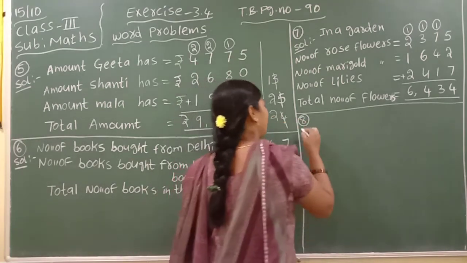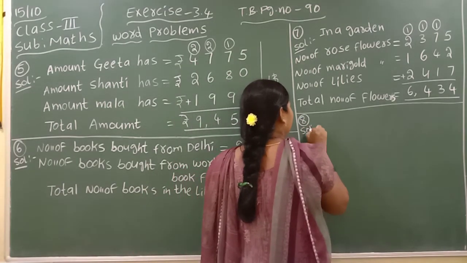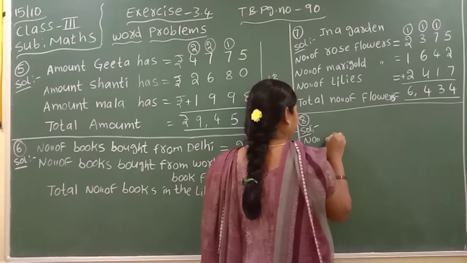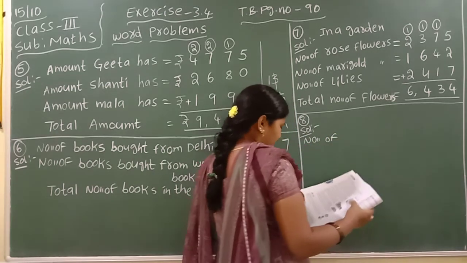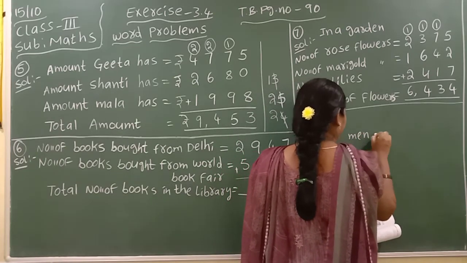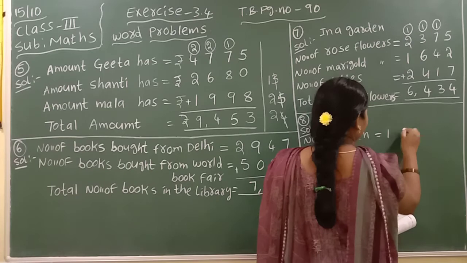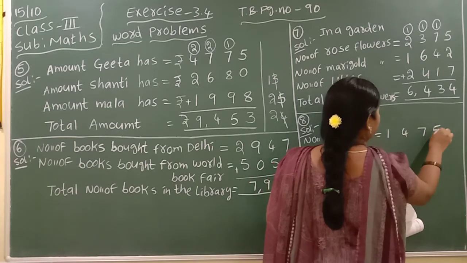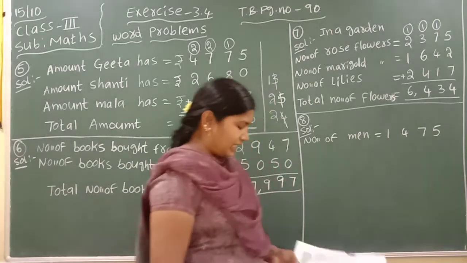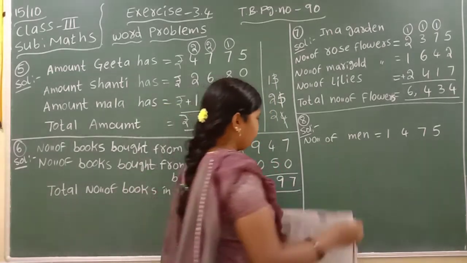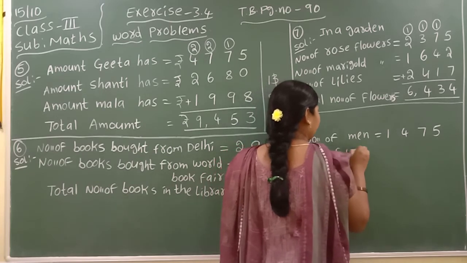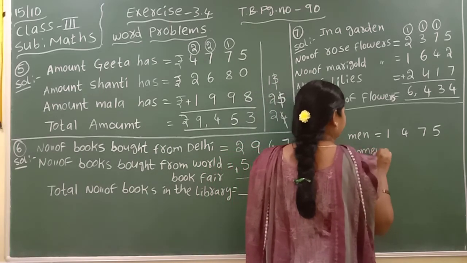So first you have to write down number of men. How many number of men? That is 1475. Here also leave the finger gap. Next, number of women.